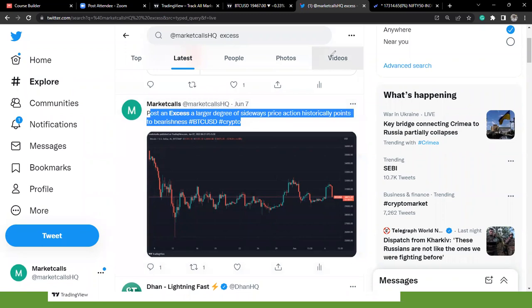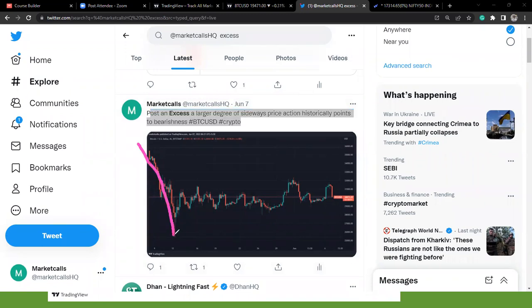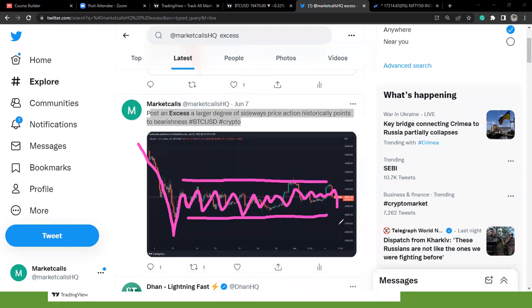Because until then there was a bearish market, almost 50%, more than 50% erosion in Bitcoin. And then a pullback with an excess, a very strong excess. But after that excess, it was going like a sideways market. Almost a huge time-based erosion went on there. And now price started falling back. So this kind of too much sideways price action is mostly an indication of a breakdown.